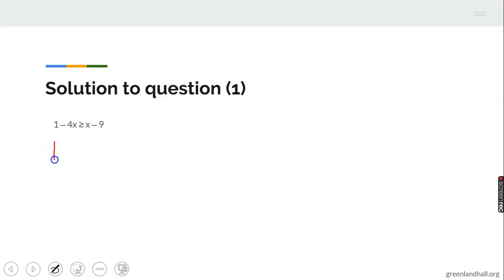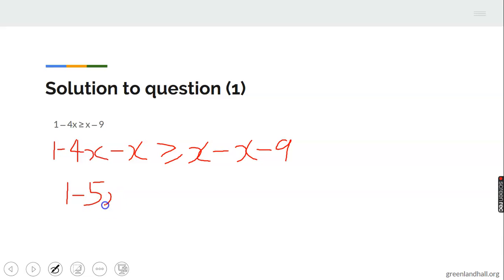That will be 1 minus 4x minus x greater or equals x minus x minus 9. So once you do this, this will become 0, and this will be 1 minus 4x minus x. That will give you minus 5x, which is greater or equals minus 9.